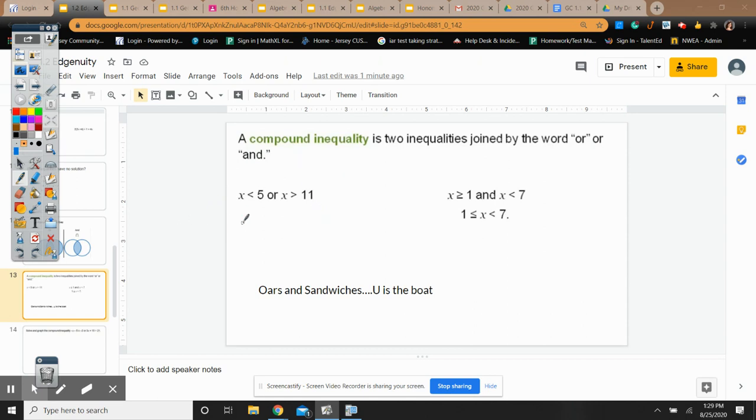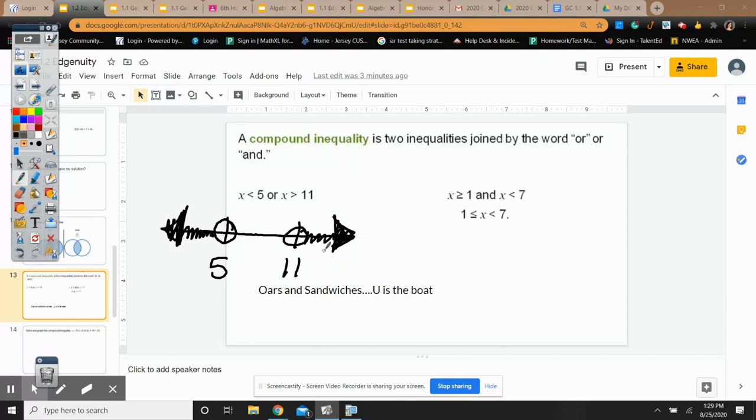So when you graph this, you graph them both on one number line, and you have 5 here, you have 11 here. So x is less than 5. It can't be 5, so we're going to do an open circle. It's all these numbers, like 0 and 1. Or it's bigger than 11, which is this. It can't be both. There's no numbers that would have both.